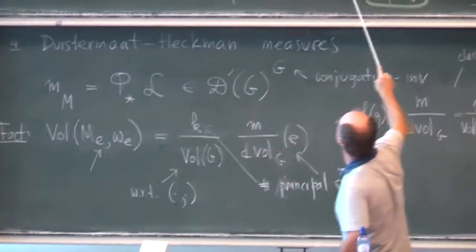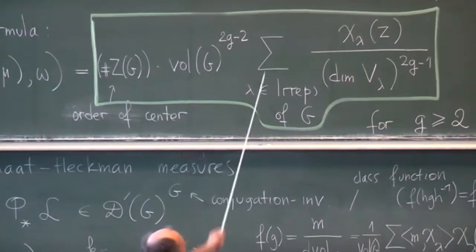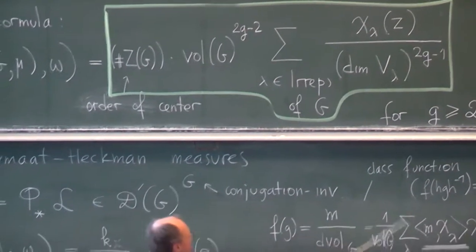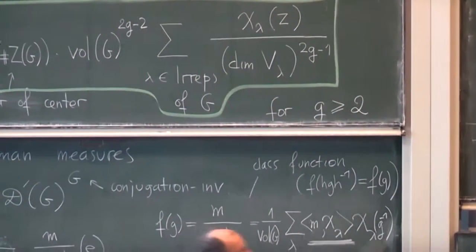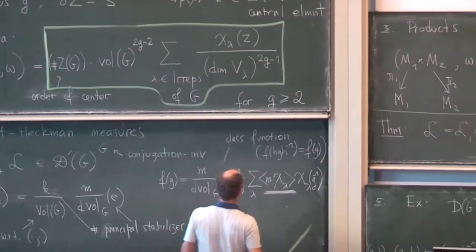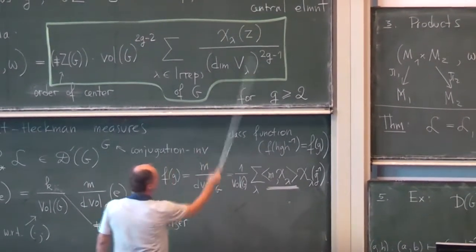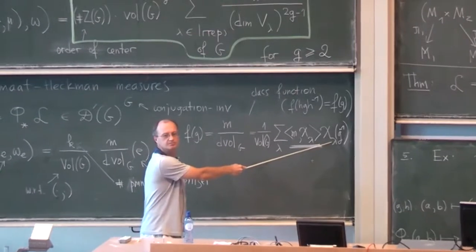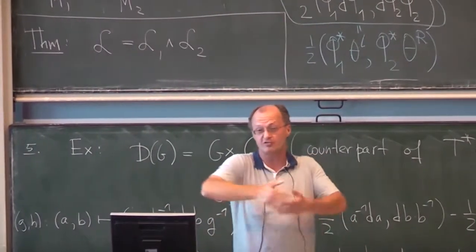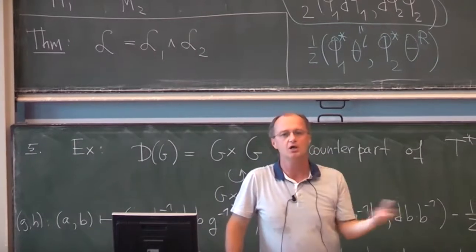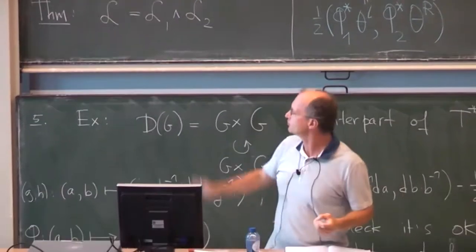So that's how we got to g minus 2 here. Now, of course, the sum of irreducible representations comes from the Fourier transform. So now this dimension to the power 2g minus 1 comes from here. And finally, the character comes from here. So that's what I get. So you see, sorry for kind of rushing through it, but just to show you one interesting approach which gives you this formula.